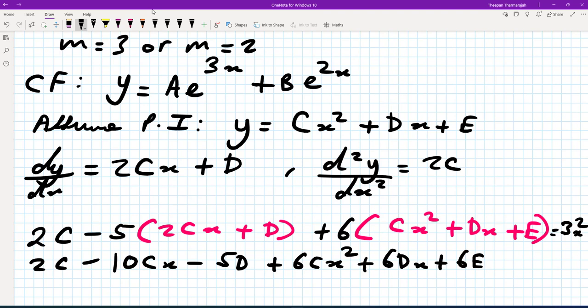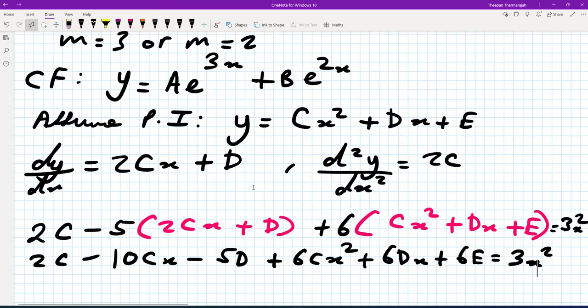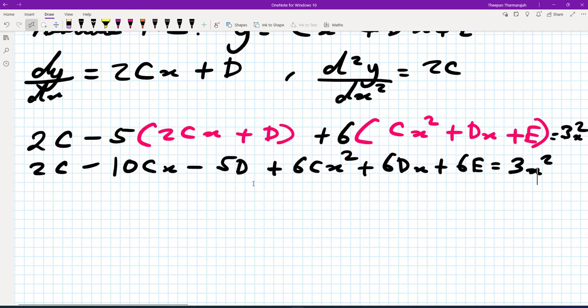Now all of that is equal to 3x squared. Now, because we're going to equate the coefficients of x squared, equate the coefficients of x, then equate the constant terms, what we're going to do is group the like terms together.